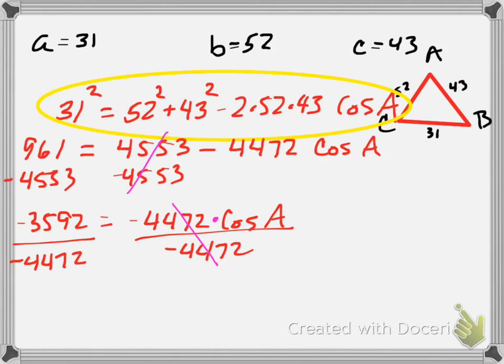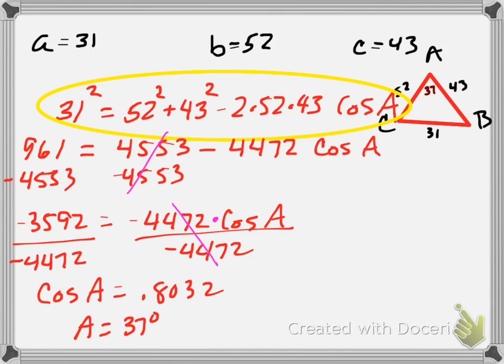And so cosine A is some sort of decimal, 0.8032. Inverse cosine of 0.8032 is approximately 37 degrees.